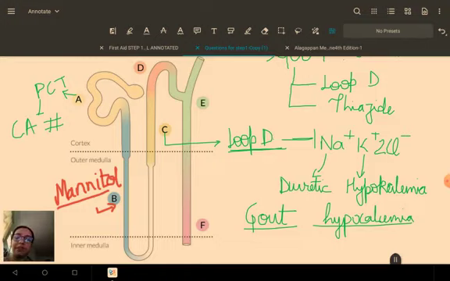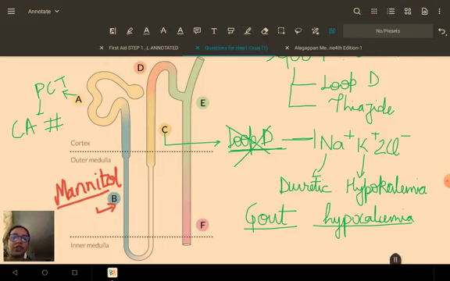Definitely not. So, loop diuretic, even though it is useful in hypertension and even though it also causes gout, because the patient has osteoporosis, we can't give a drug that loses calcium from the body. For this patient, the calcium is very precious because he has osteoporosis. So that's why not loop diuretic.